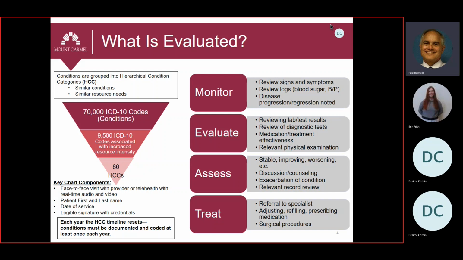An HCC is a group of chronic condition diagnoses that are clinically similar and have been determined to have a similar effect on resource utilization, what is called their weight. These weights are what calculate the clinical portion of a patient's risk score. There are 86 HCCs included in the 2022 risk adjustment model.